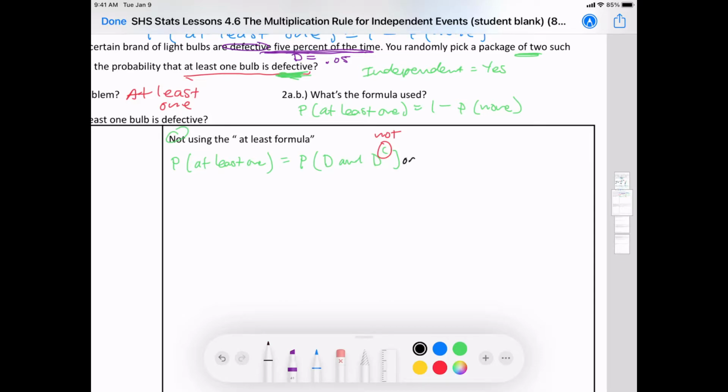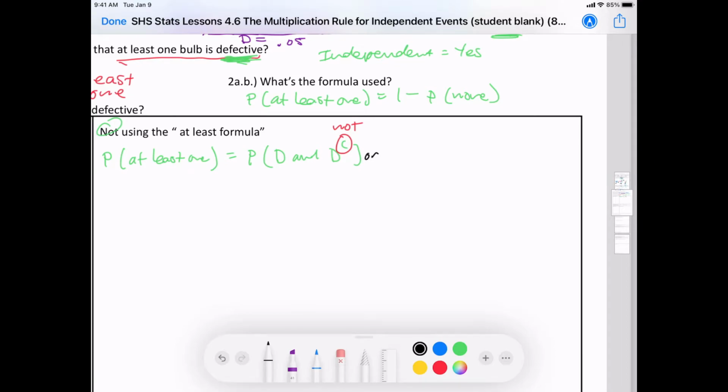Or it's possible that the first one's not defective, but the second one is defective. Or the third one is that they are both defective, right? Because I'm trying to get at least one. One of these is a bad light bulb, right?